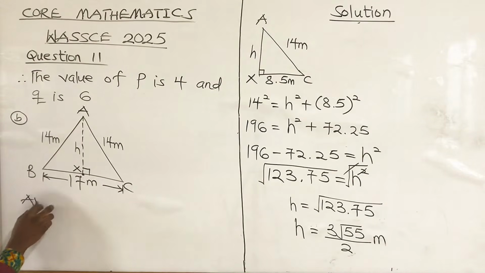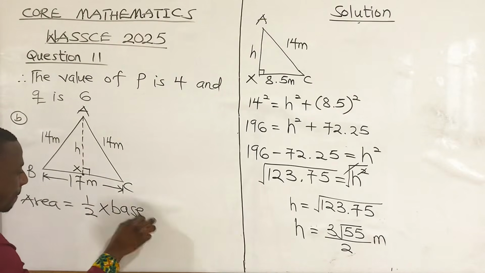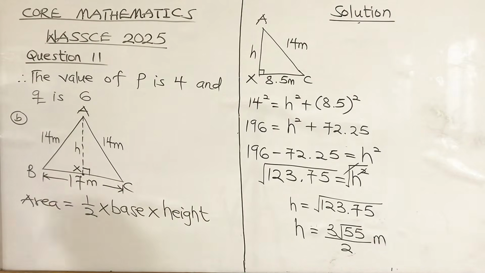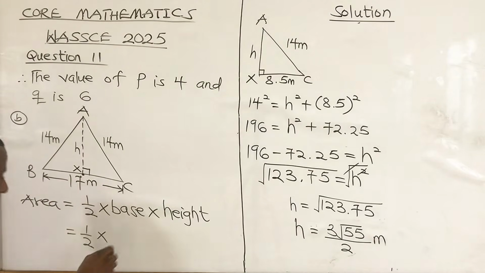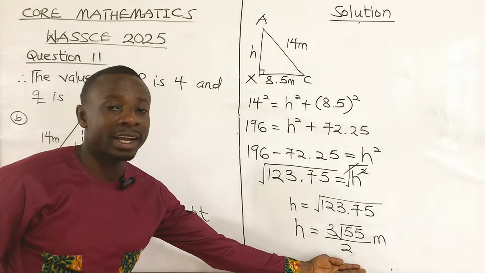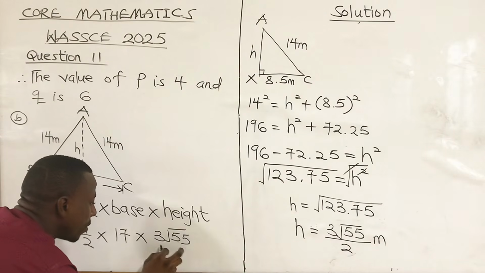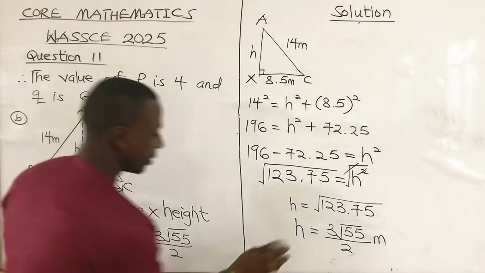So now the area is equal to half times the base times the height of the cardboard. So we have half times, we know that the base is 17 meters. So 17 multiplying the height, and now we have the height to be 3 root 55 all over 2. And from here, we can just evaluate.